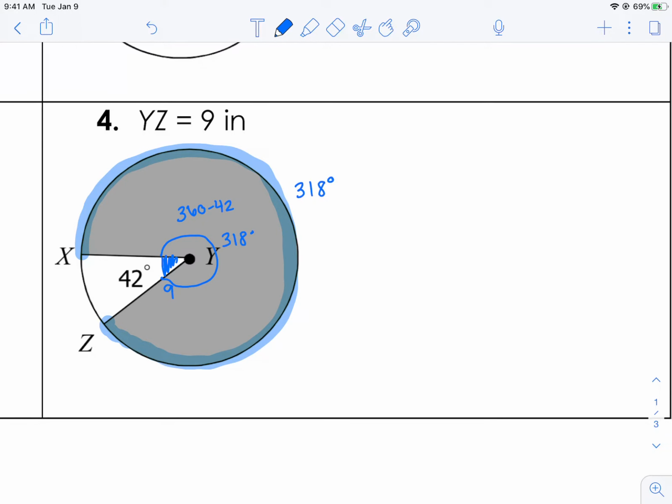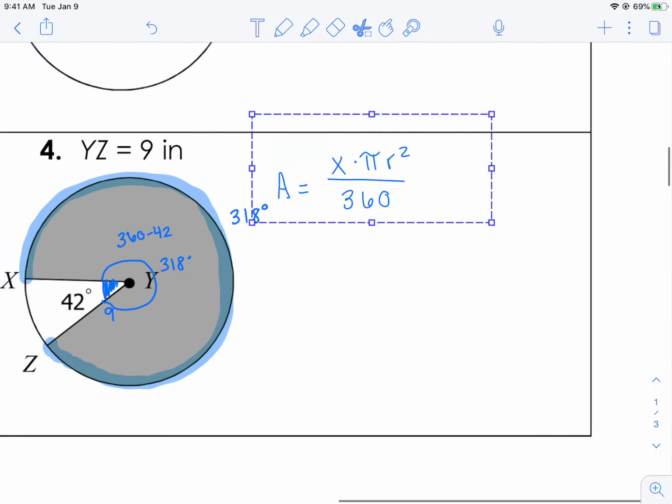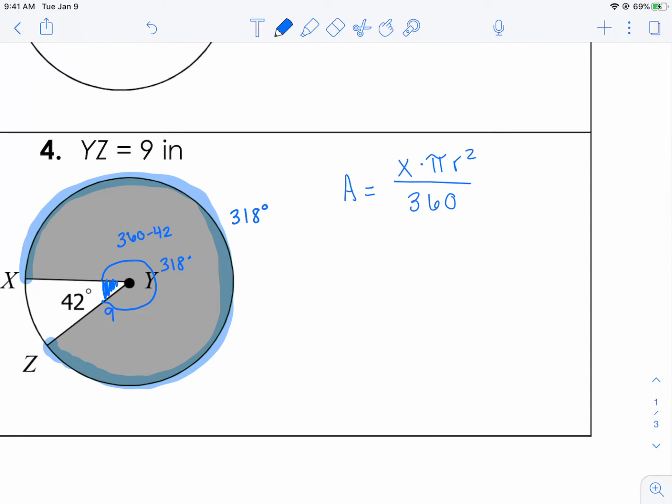All right, and then I plug it into that formula. So x is my intercepted arc degree, which is 318, times pi times r squared, so that's 9 squared, over 360.